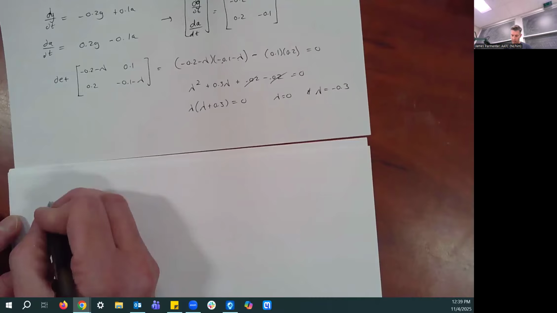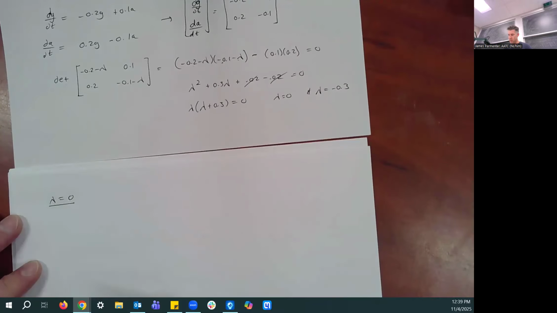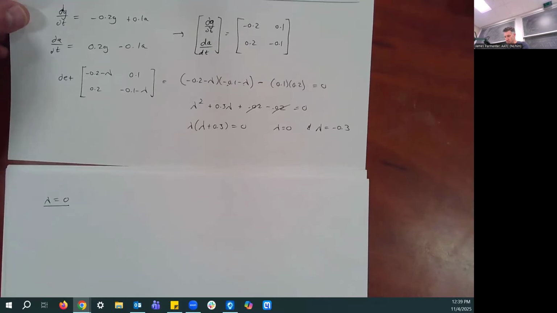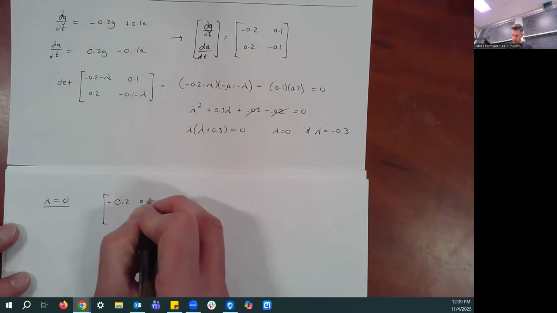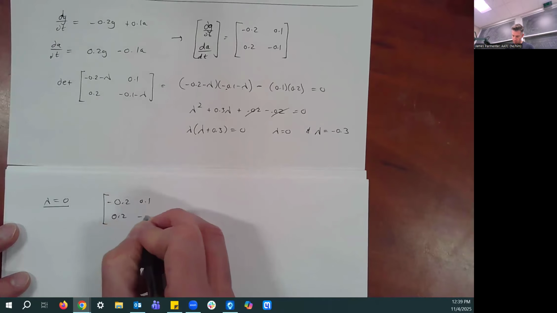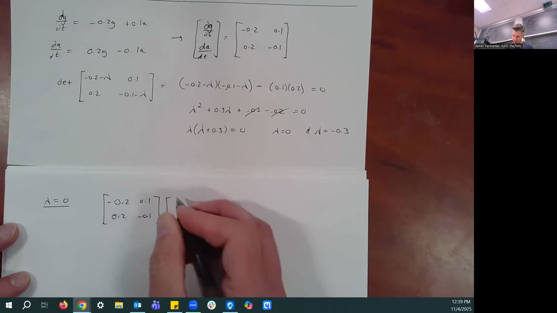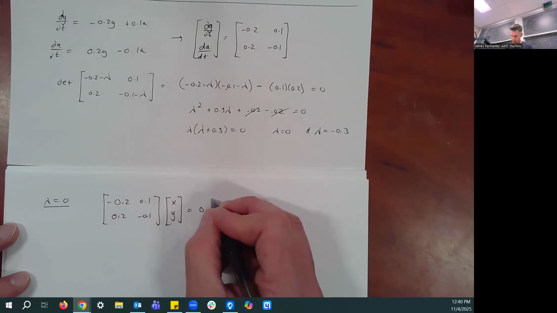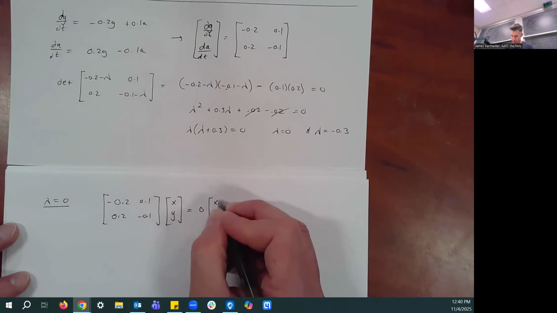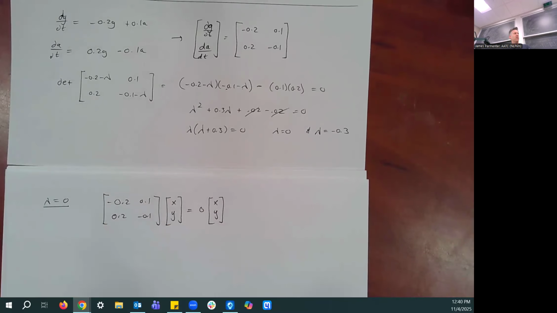So for lambda equal to 0, we have our matrix, negative 0.2, 0.1, 0.2, negative 0.1, times the eigenvector we're looking for, equal to 0 times the eigenvector we're looking for. I should ask, I assume Dr. Lewis has done this a few times in class now.